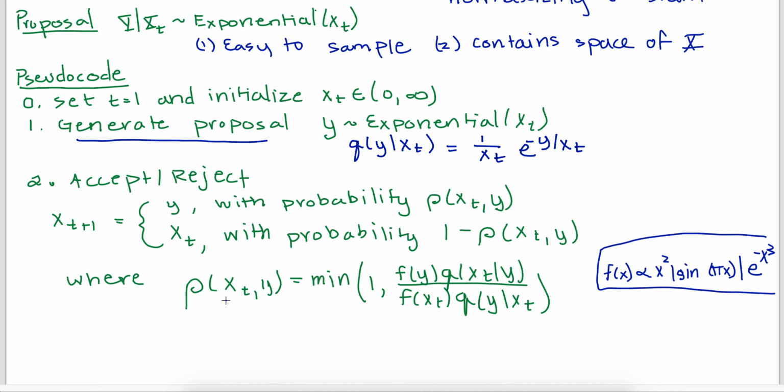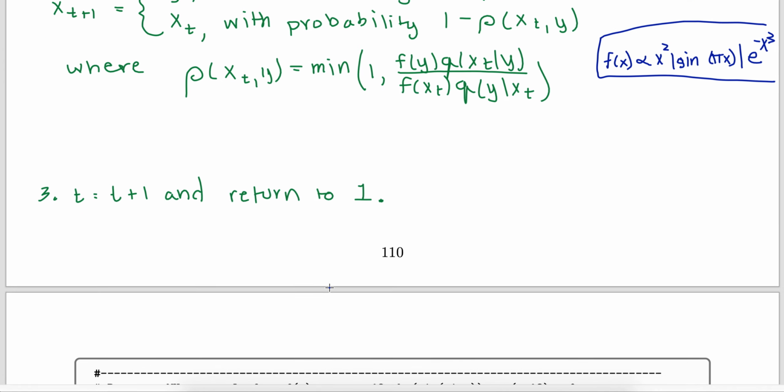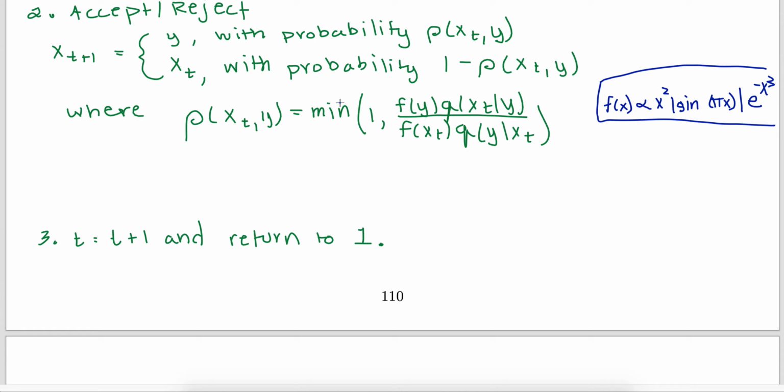So here, rho, reminder of the definition, is the minimum of 1 and this ratio. So in our particular context here, this would be the minimum of 1 and f, our target distribution. I wrote it down here for reference. F is proportional to, and I just wrote the numerator. We don't need the normalizing constant because it's going to cancel out in this ratio.